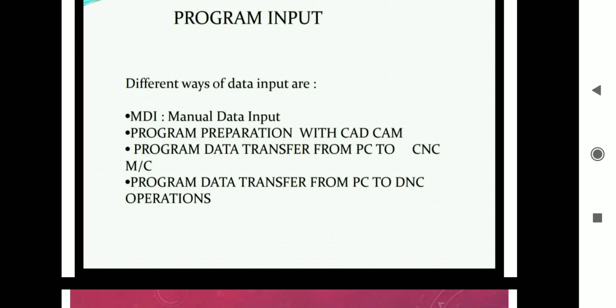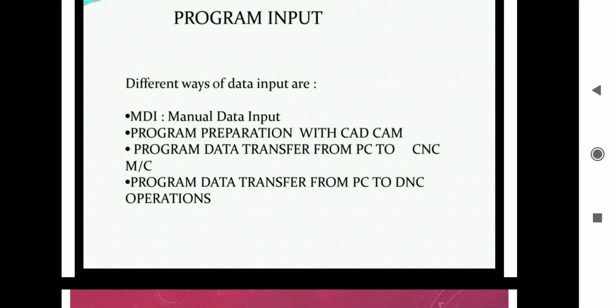CAM is an automatic manufacturing process with the help of a computer. The third one is programming data transfer from a personal computer to the CNC machine control. The fourth one is program data transfer from PC to DNC operation.